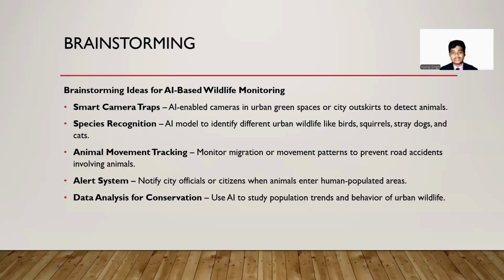Monitor migration or movement patterns to prevent road accidents involving animals. Alert system. Notify city officials or citizens when animals enter human populated areas. Data analysis for conservation. Use AI to study population trends and behavior of urban wildlife.